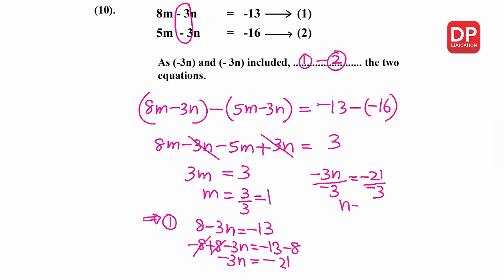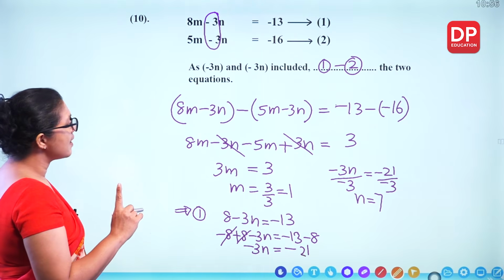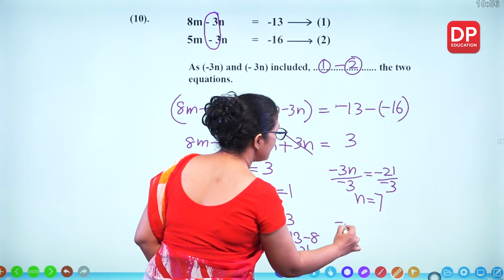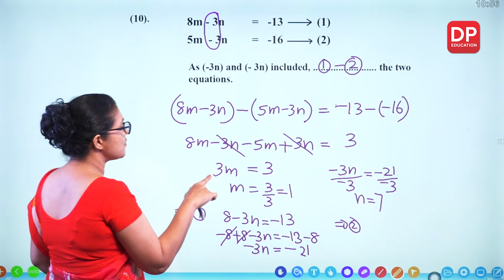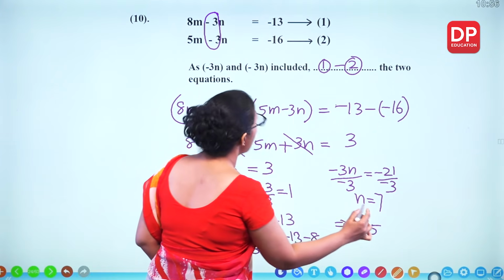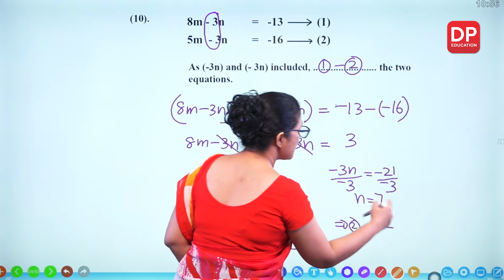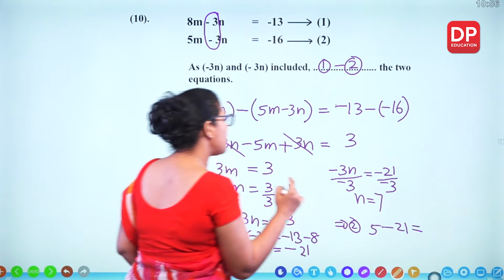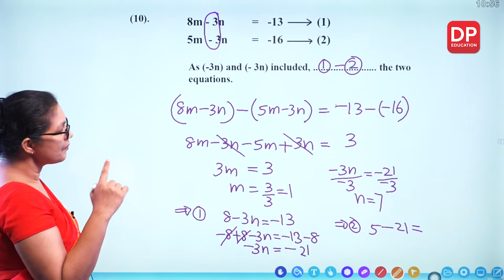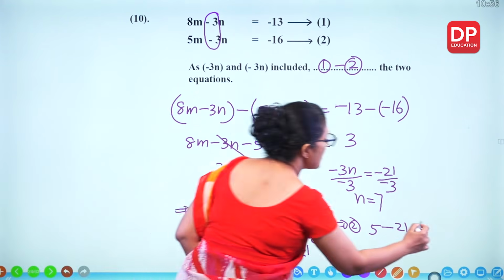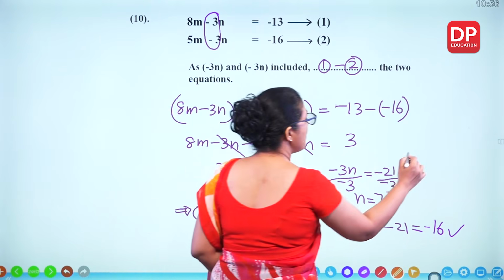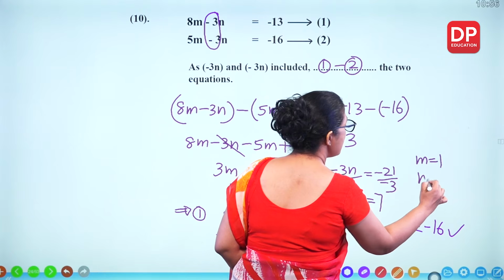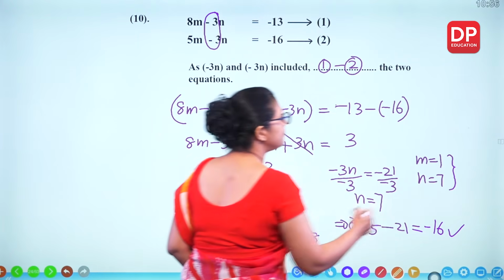You get n equals 7. Now we'll check with the second equation. 5 times m, 5 times 1 is 5, minus 3 times 7, 21. 5 minus 21, you get minus 16. So that's correct. So we found m equals 1 and n equals 7.